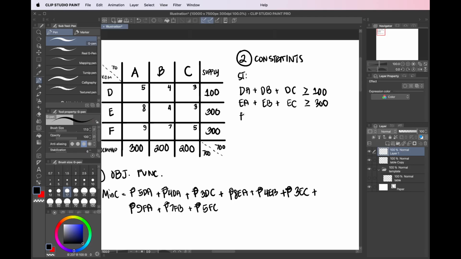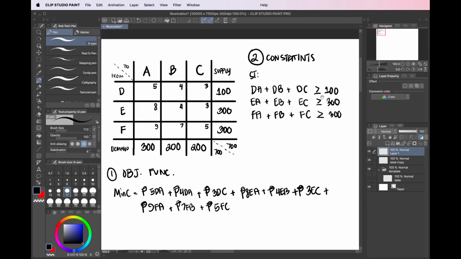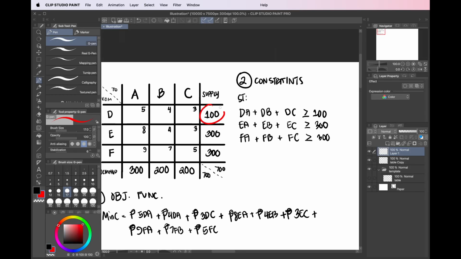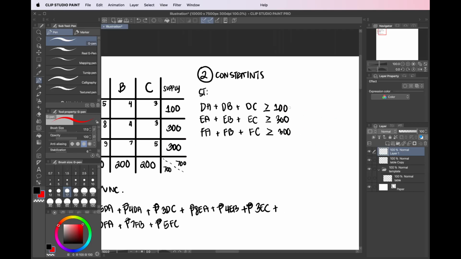We do FA, FB, FC is greater than equal to 300. So now we're done with the supply, right? Because we're tackling the supply here, 100, 300, and 300. So now we're done with the row. Supply, let's put here supply, row.